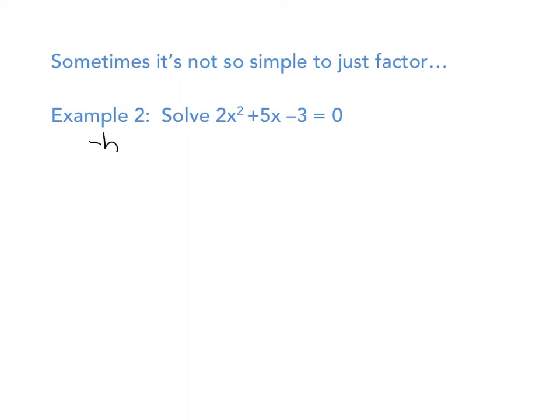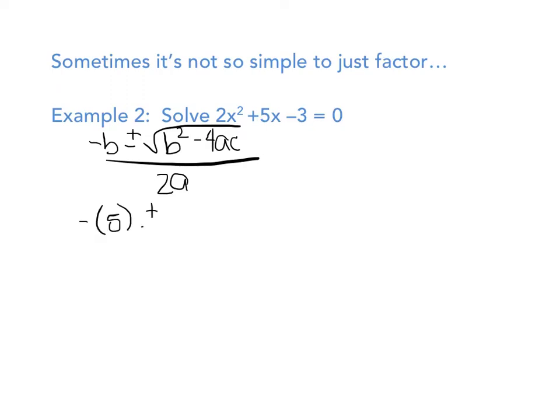So again, the quadratic formula is negative b plus or minus the square root of b squared minus 4 times a times c all over 2a. So we have negative b is 5 plus or minus the square root of 5 squared minus 4.